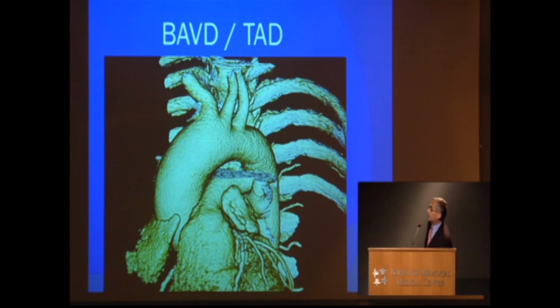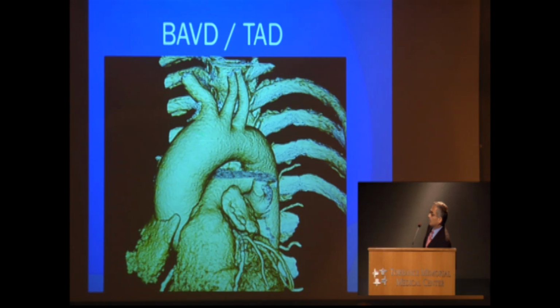This is another 64 slice CT that has shown one of our patients with the bicuspid aortic valve and TAD syndrome. You can very well see how the ascending aorta is dilated. Also, notice that he has a bovine anatomy.